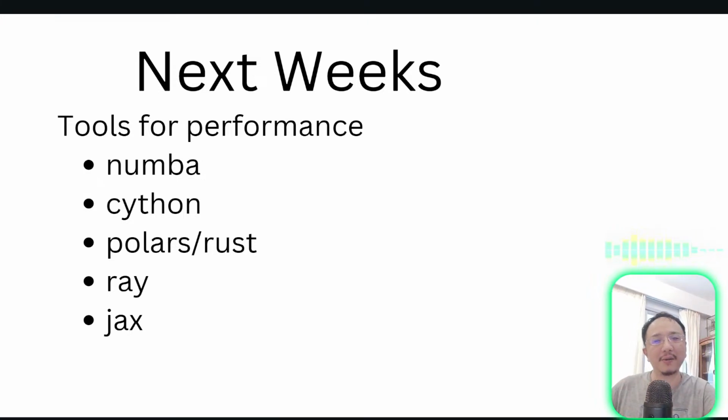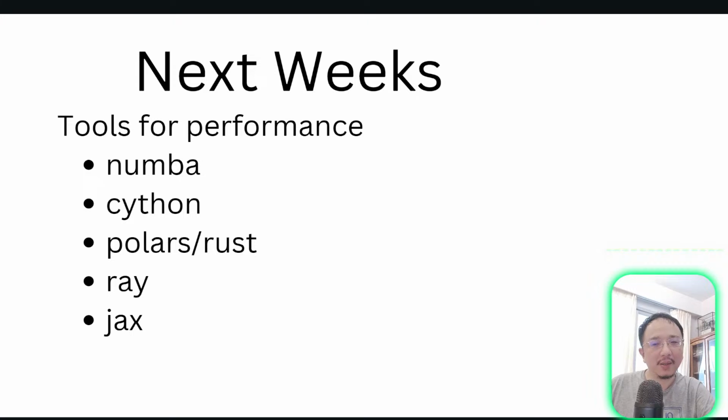Polars is kind of like pandas, but it has evolved into a different coding style and taste. You can still write something similar to pandas, but if you want the full power of Polars, it has a different philosophy and coding style. So we're talking a little bit about Polars and Rust, and also about Ray and JAX. So that's a lot of what we'll talk about in the next few weeks. So see you next week.